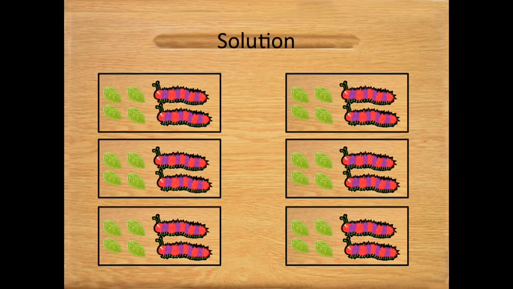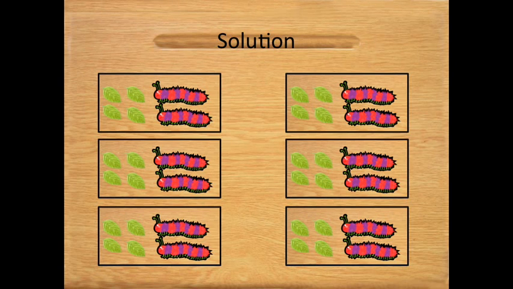So if we look at the ratio of 4 leaves to 2 caterpillars, we can now look at this table, count it up, and say that for 2, 4, 6, 8, 10, 12 caterpillars, I have 4, 8, 12, 16, 20, 24 leaves.